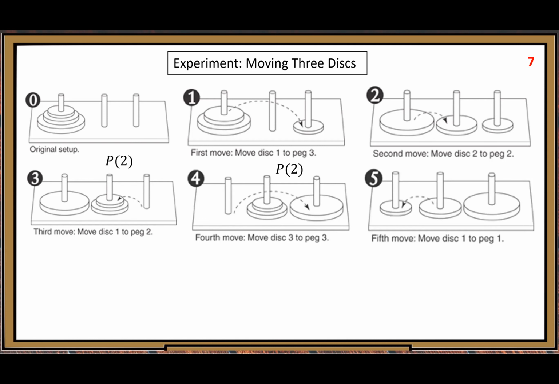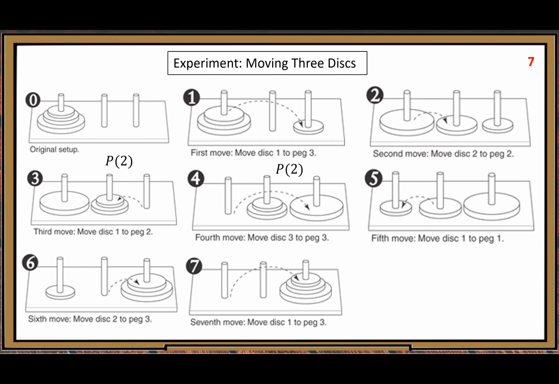Step number 1, how to solve P2? Another time, move the smallest disk to the first peg, and the second disk to the last peg. Last, move the smallest disk to the destination peg. That's the whole procedure of the puzzle solution.